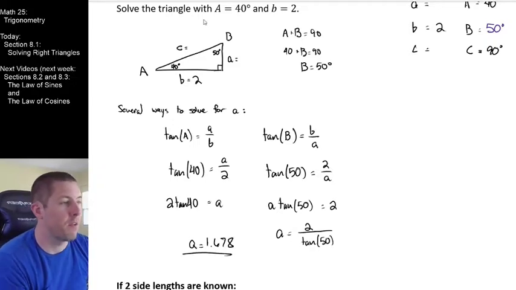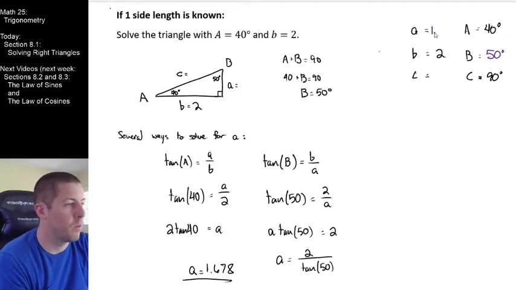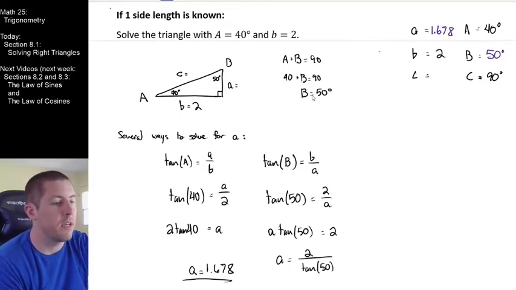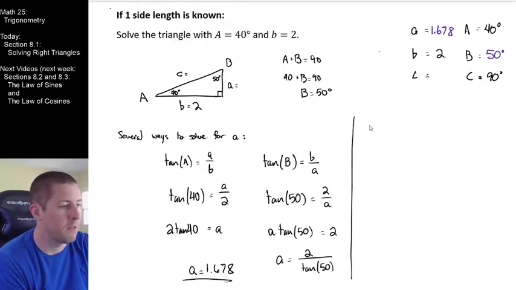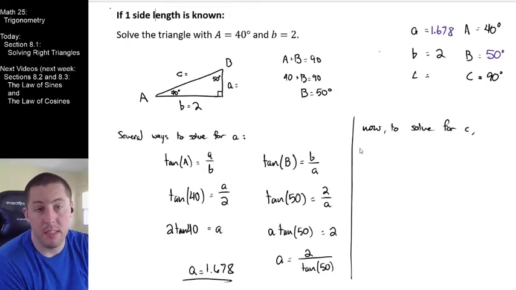So it looks like we've solved for A. We got 1.678. Now to solve for C, we've also got some more choices.